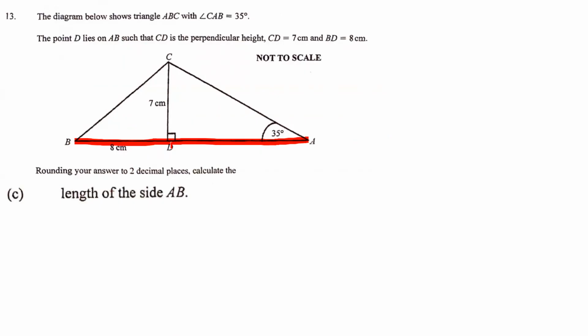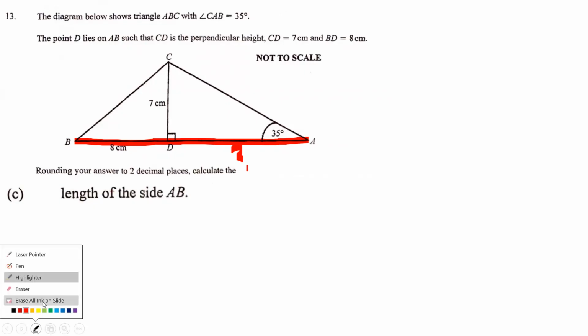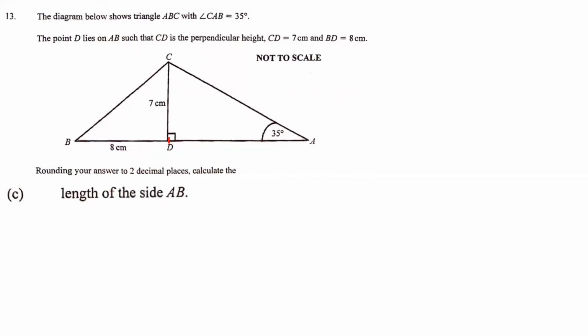If we could figure out what DA is, or what AD is, then once we figure this out, we could add this number with this number to get the length of the side AB. So let's try to determine the length of this side, DA, because if we get the length of DA, then we could add DA to BD, and then we could get the total length, right?